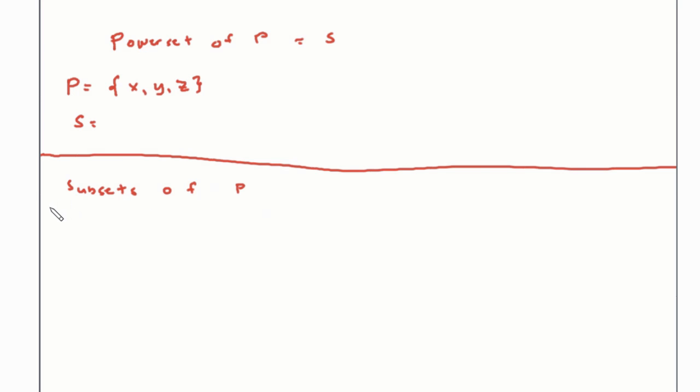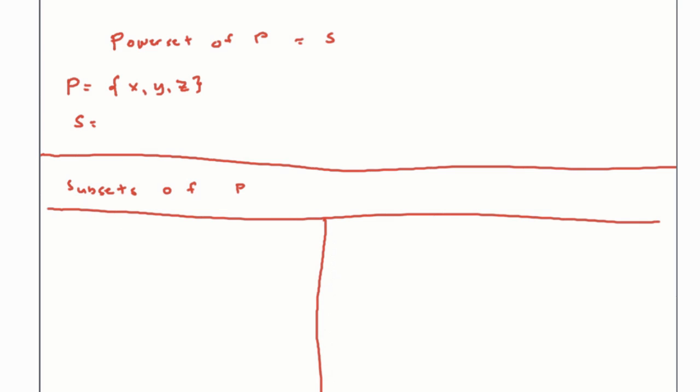And we have 2 groups. First, we have the improper subsets. And next, we have the proper subsets of P. For the improper subsets, laging dalawa lang to.